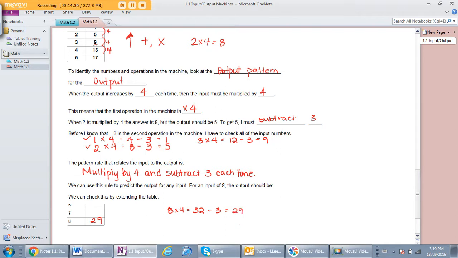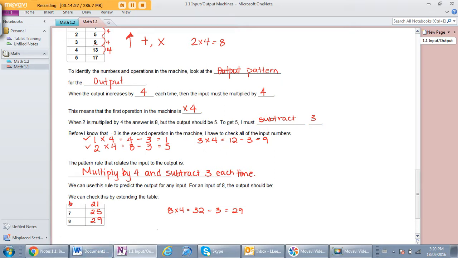So up top, I left off at 17. And I know I'm adding 4 each time to my output. So if I have an input of the number 6, then 4 plus 17 should be 21. And then 21 plus 4 is 25. 25 plus 4 is 29.